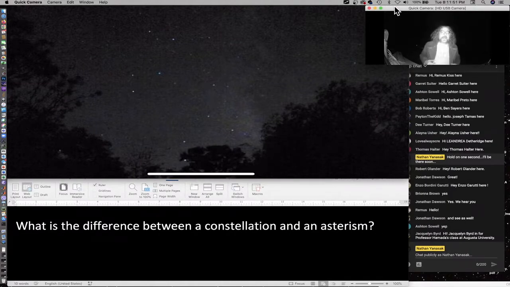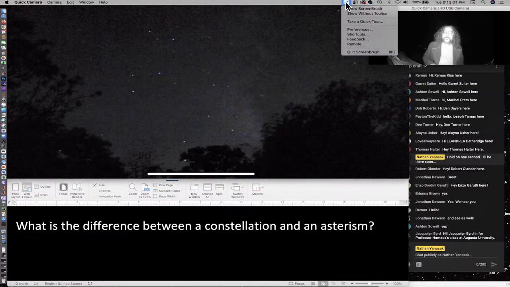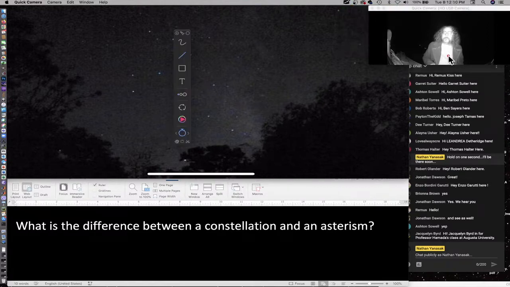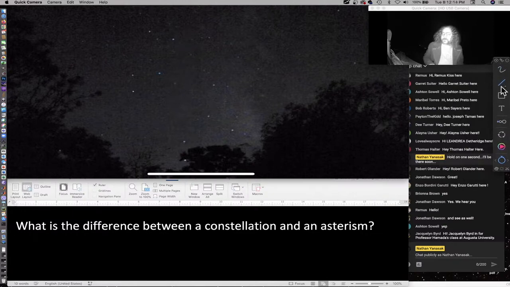And I am currently looking at a famous constellation. It is called the Teapot Asterism. So let me draw some stuff here. Draw this over here.